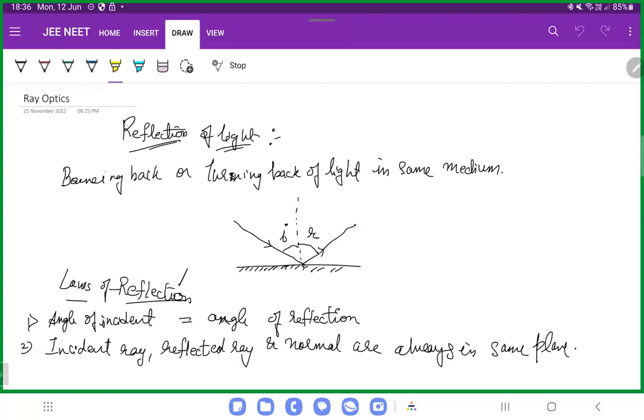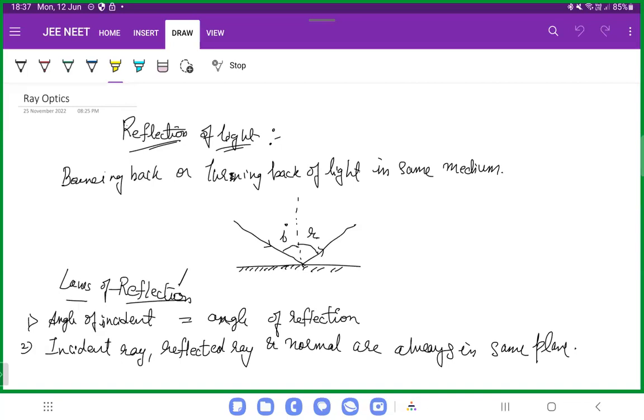For ray optics, we should know two things: the difference between reflection and refraction. What is reflection and what is refraction? Reflection is bouncing back of light in the same medium. Refraction is light travelling from one medium to another, changing medium.